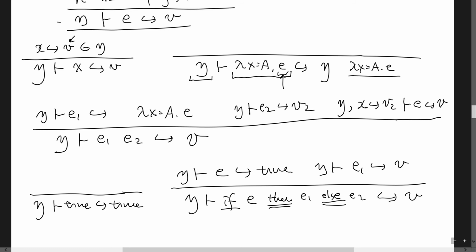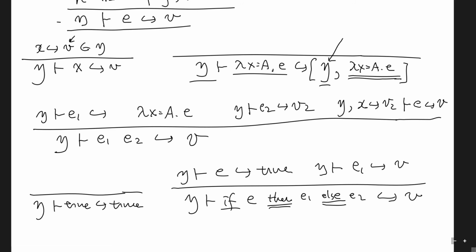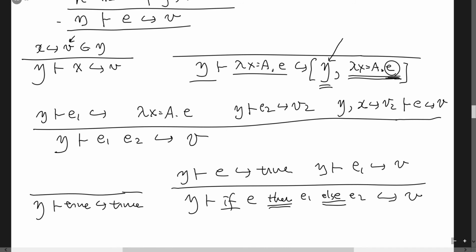So it turns out that the result of evaluating this lambda abstraction under this environment eta is a pair of this environment and this lambda abstraction. And the reason that we carry this environment is so that we can resolve the free variables in expression E. Without this environment, there is no way to evaluate the free variables in expression E. So that's the reason.